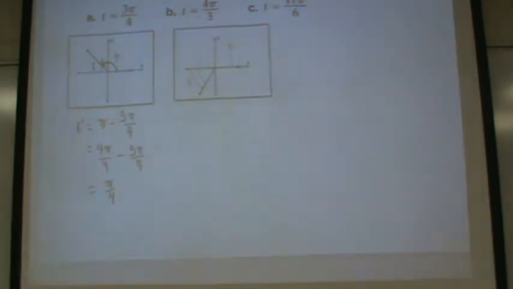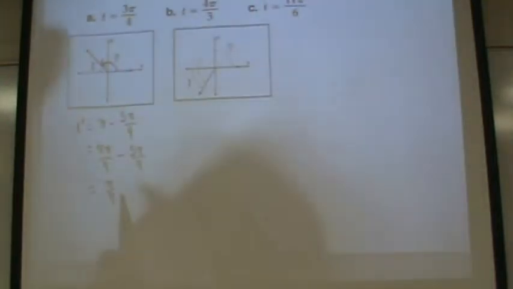So pi over 4 is a 145 degree angle. Is that 45 degrees? Pi over 4, 35 degrees? Just pi over 4, our reference angle. That would be 35. Pi over 4, it's awesome. Yeah, pi over 4 is a 45 degree angle. Okay, I did the other part, I know what I was doing.